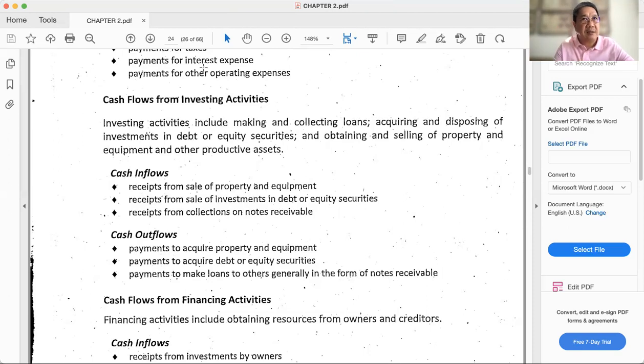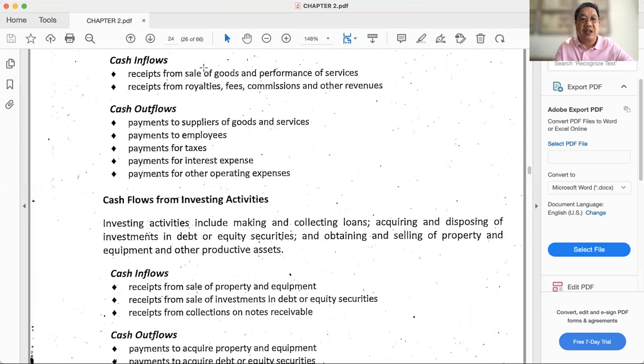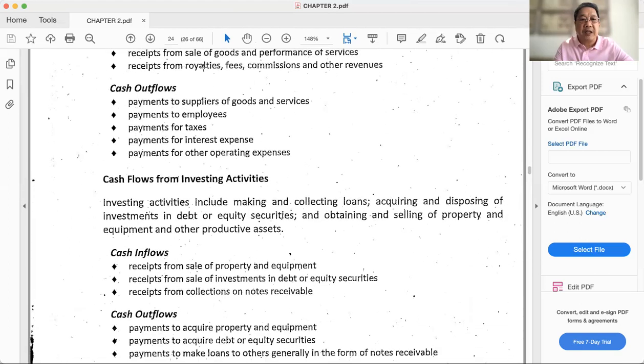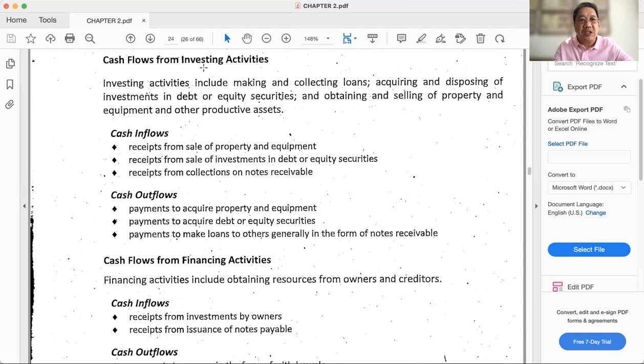Receipts from collections on notes receivable. Iba yan sa trade receivables, ha? Ang trade receivables na nasingil mo, pautang mo sa customers, ay dito papasok sa operating activities. Pero oras na meron kang notes receivables na nasingil, nag-promissory note sa iyo, ay diyan papasok sa investing activities.